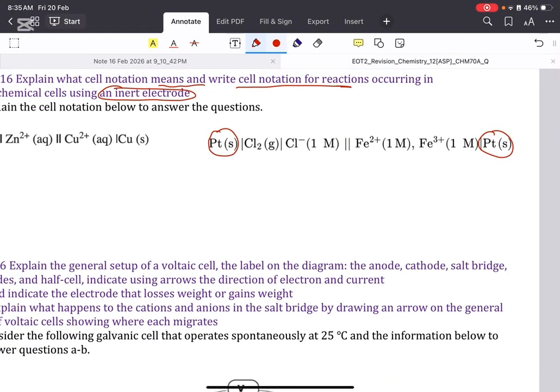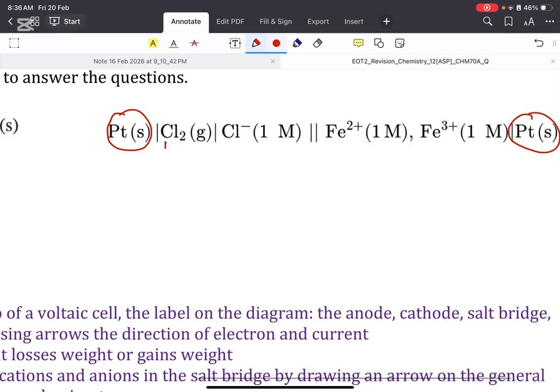And when do we use an inert electrode? When the anode, for example, involves a solution and another solution, like there's an oxidation occurring between two solutions, or oxidation occurring between a gas and a solution, like in this case over here.